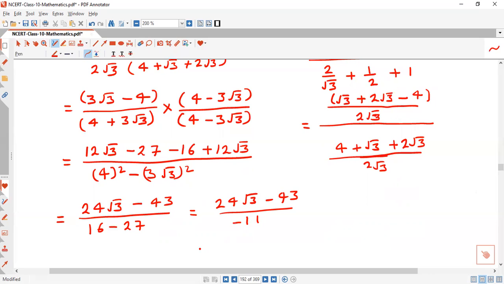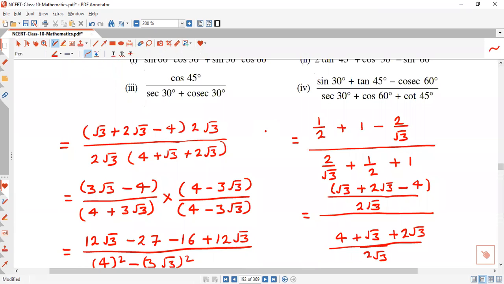So we take the minus sign upper side, and we get 43 minus 24 root 3 divided by 11. This is the answer of this question.